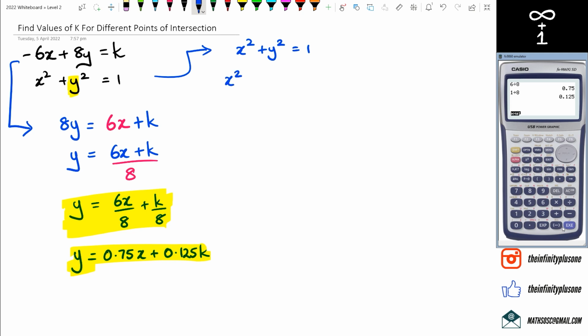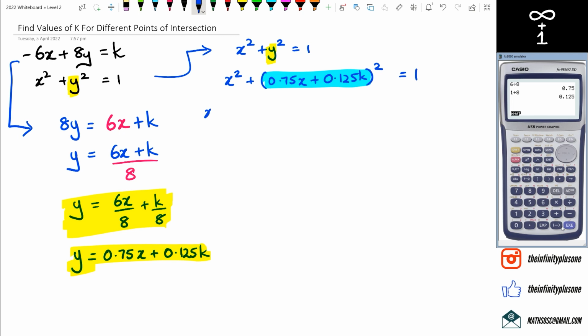So we can rewrite this now as x squared plus, because we know that y is that really ugly looking equation down there, we're going to rewrite this as (0.75x plus 0.125k) squared equals 1. At this point, we need to expand this quadratic.